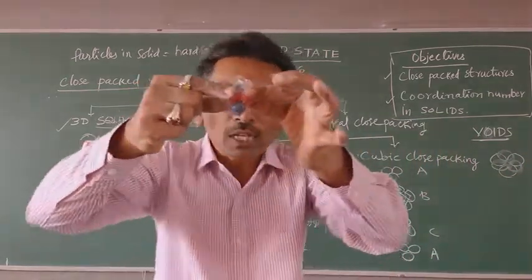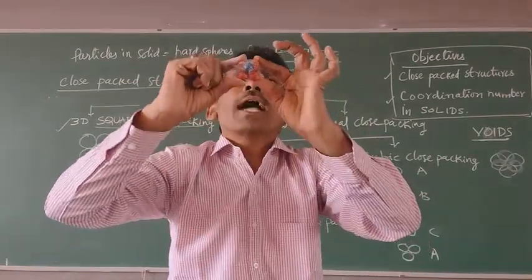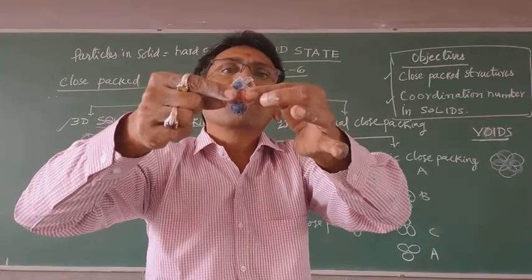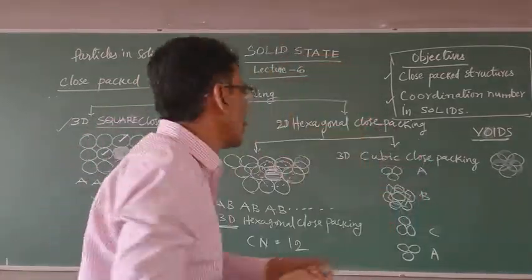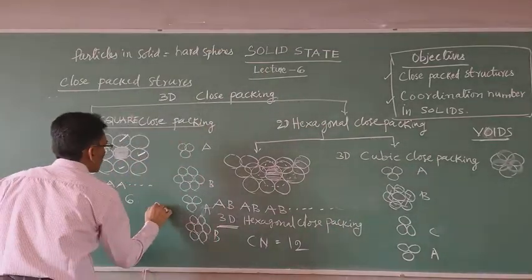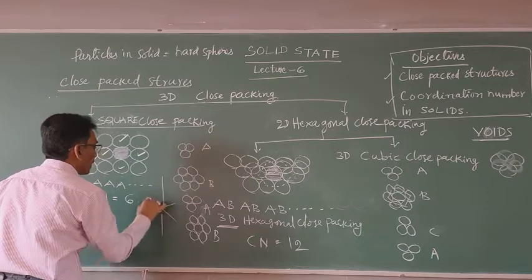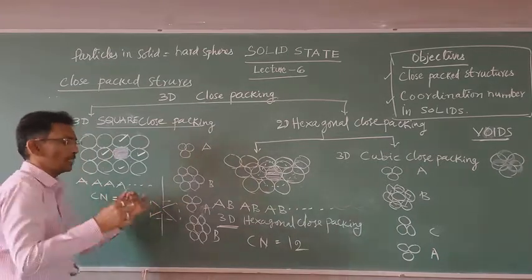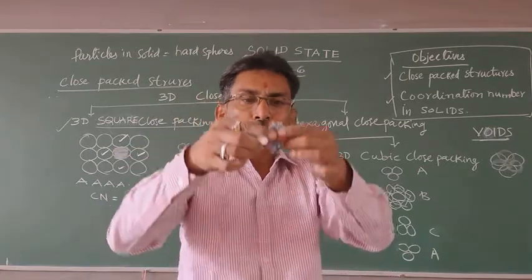I am holding red colored balls, and blue color above the plane, and this is below the plane. How is the shape? Corner 1, corner 2, corner 3, corner 4, above the plane, below the plane. The shape is octahedron.